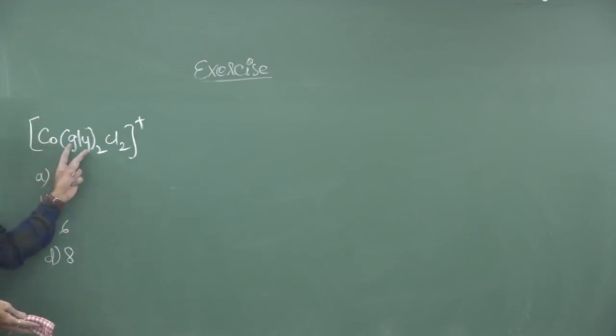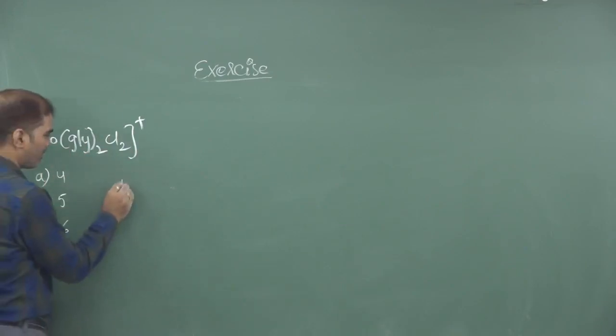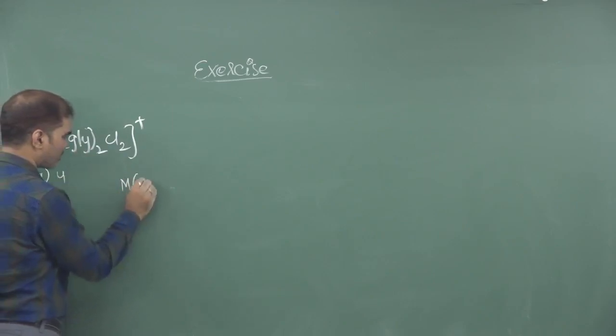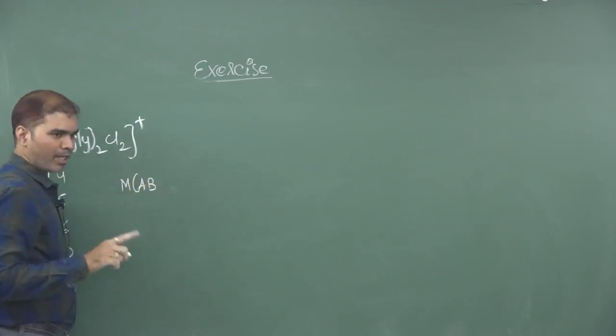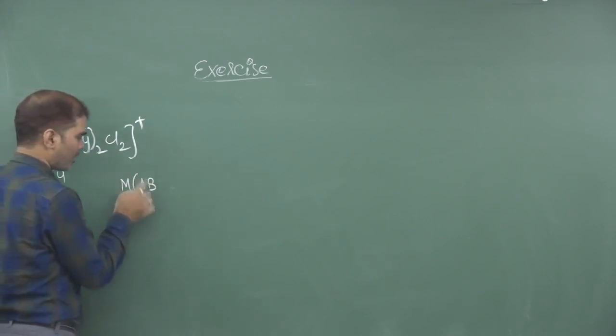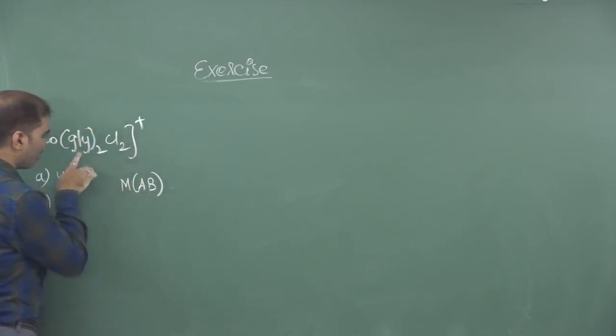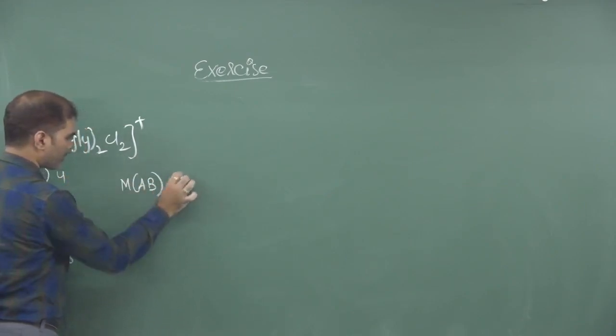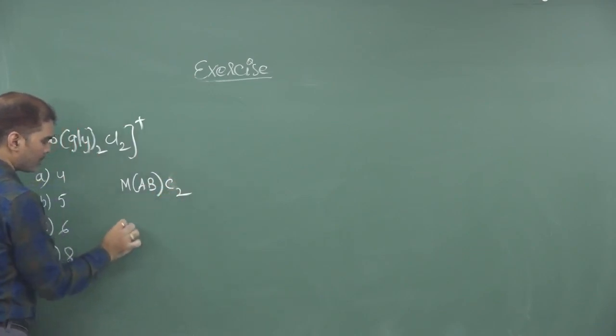This is like M, glycinato, AB. I am giving you the hint. If I put AA, capital letters, it is a symmetric bidentate ligand, like ethylene diamine. But if I put A and B in capital letters, it indicates an unsymmetric bidentate ligand. So 2-glycinato, this is C2.